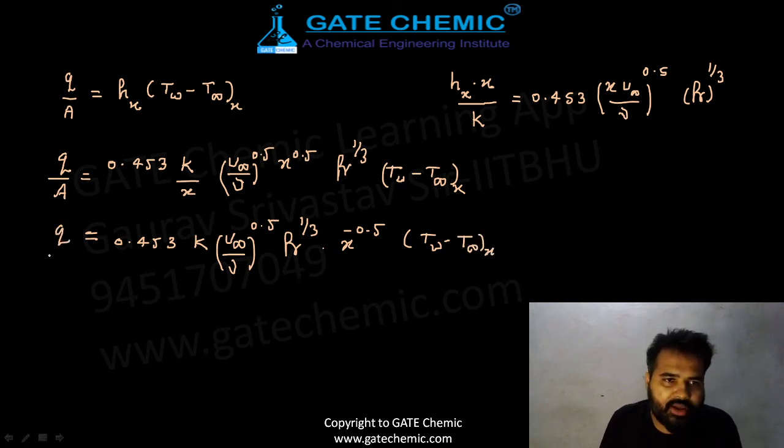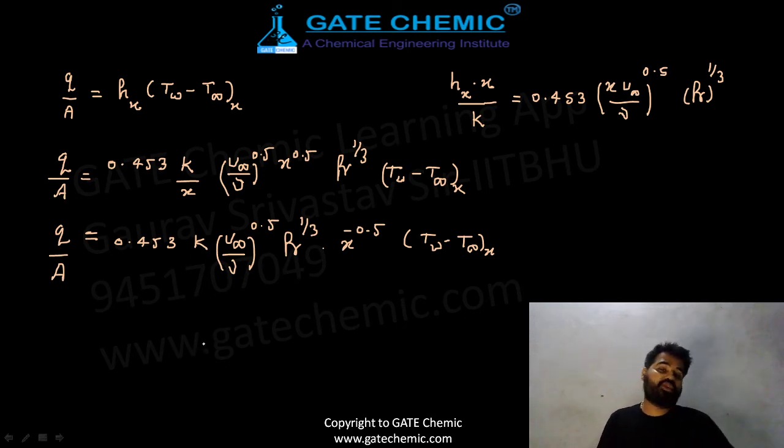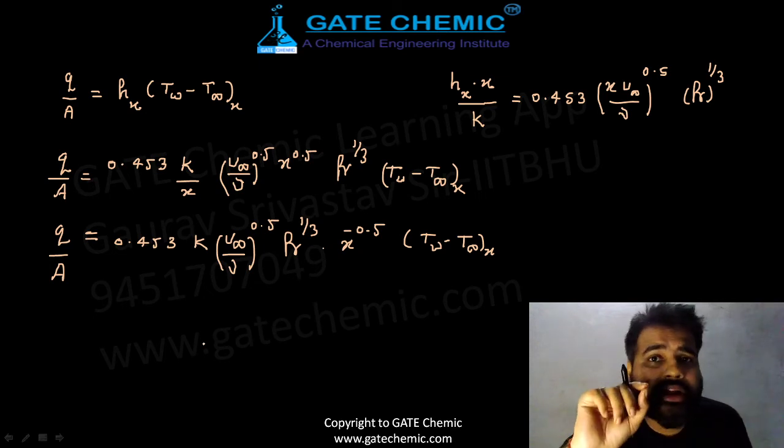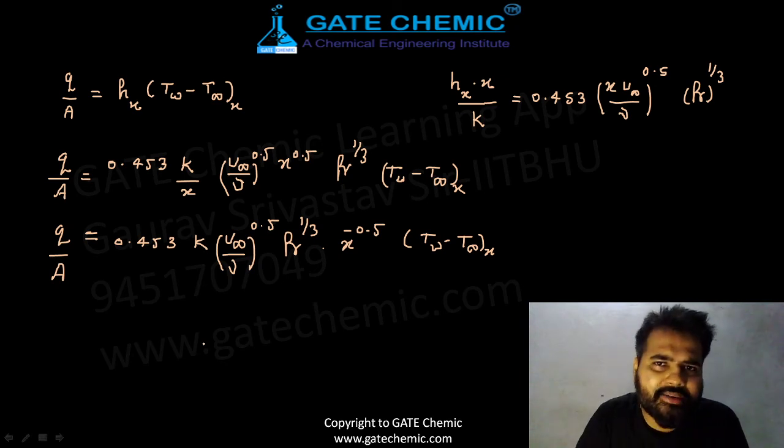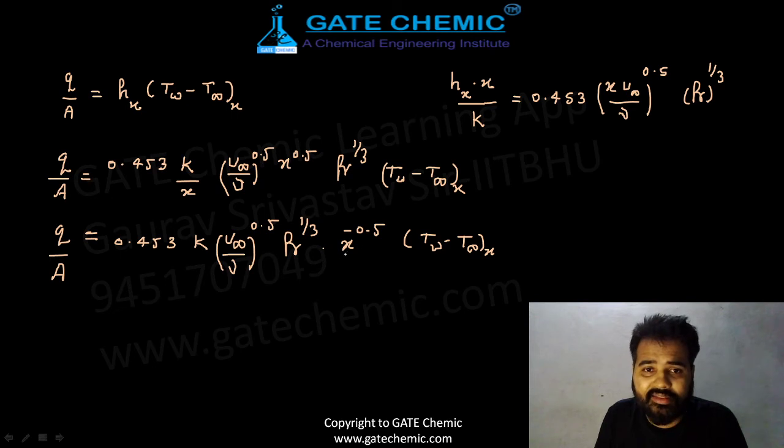This is your q by A. Just tell me, is it correct? You can see u infinite, nu, Prandtl number, and also it is written there that a constant heat flux is there. That means q by A is also constant. Only one variable, this x, and second variable T_w minus T infinite at x.